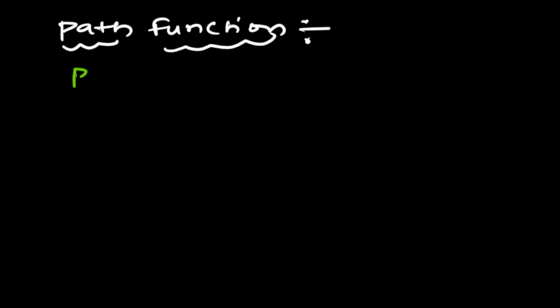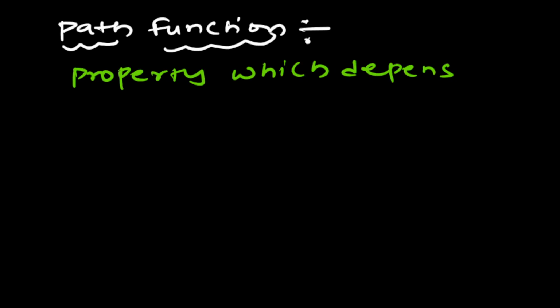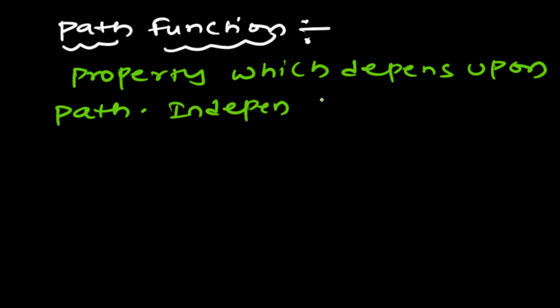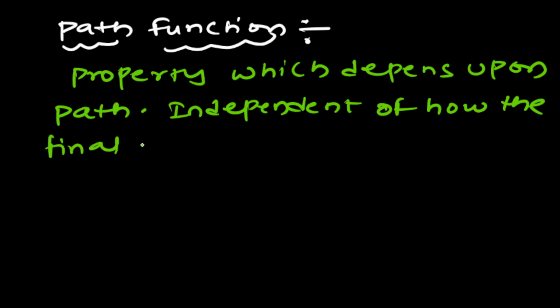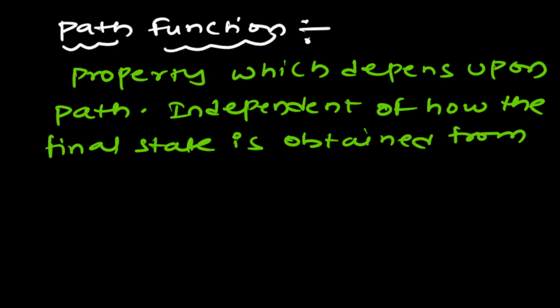Clear? Now the property which depends upon the path, independent of how the final state is obtained from the initial state.